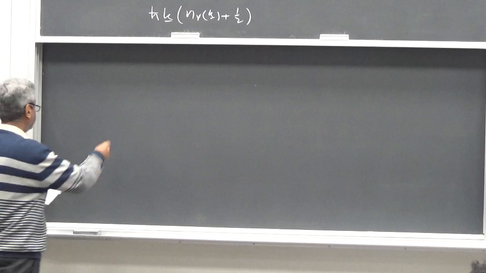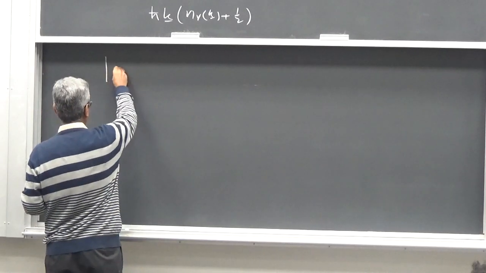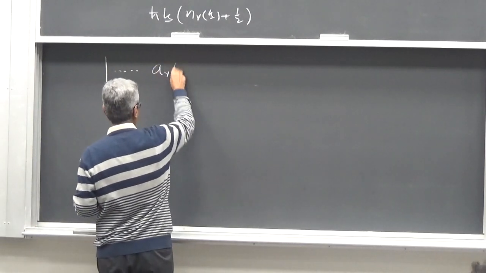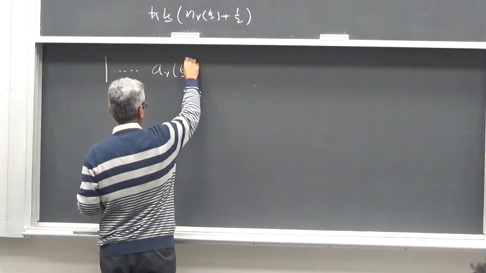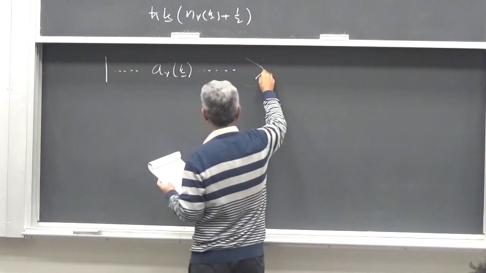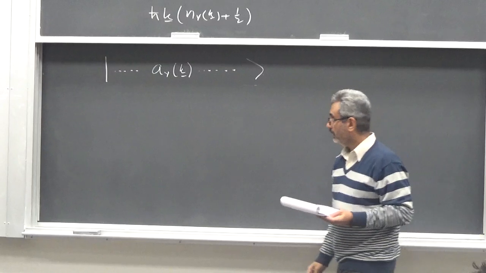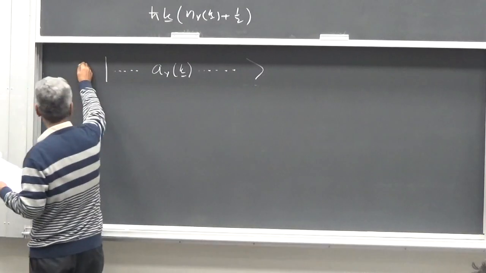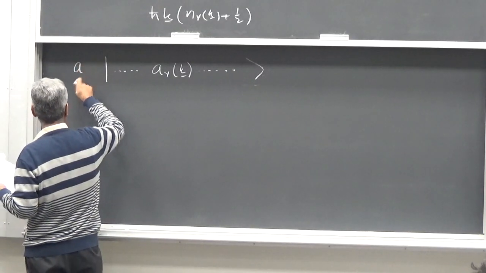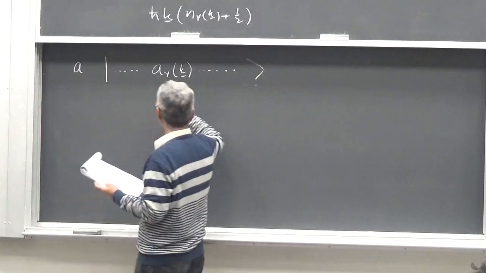Okay, so this is a general state, right? A sub R sub K. This is a general state, right? And what if I were to take one of these A's and apply it here?